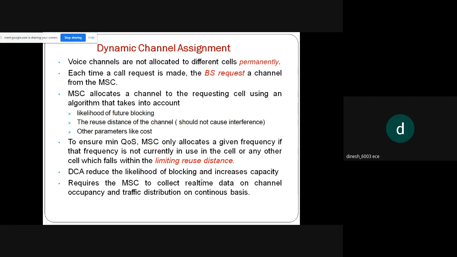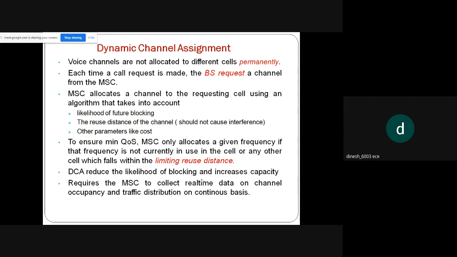So whenever in your mobile phone you make a call, the mobile will send a signal to the base station in your area or in your cell. Then the mobile switching center will allocate a channel, requesting the cell to use an algorithm that has these features.